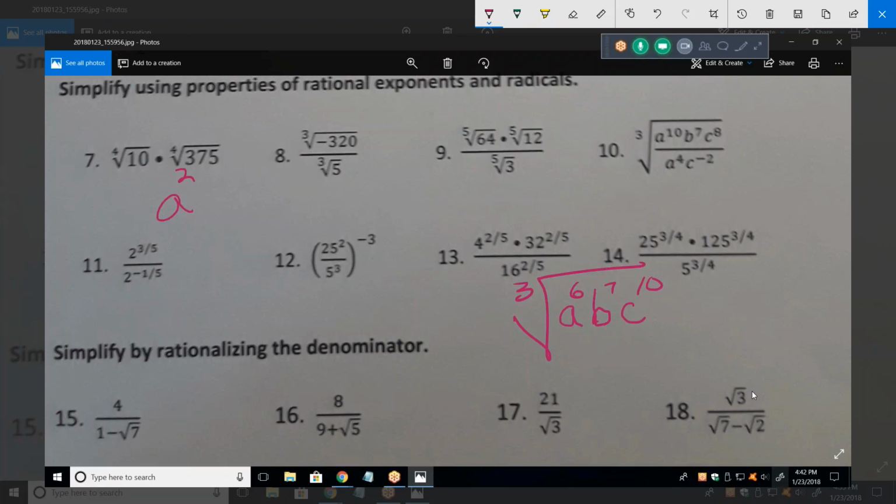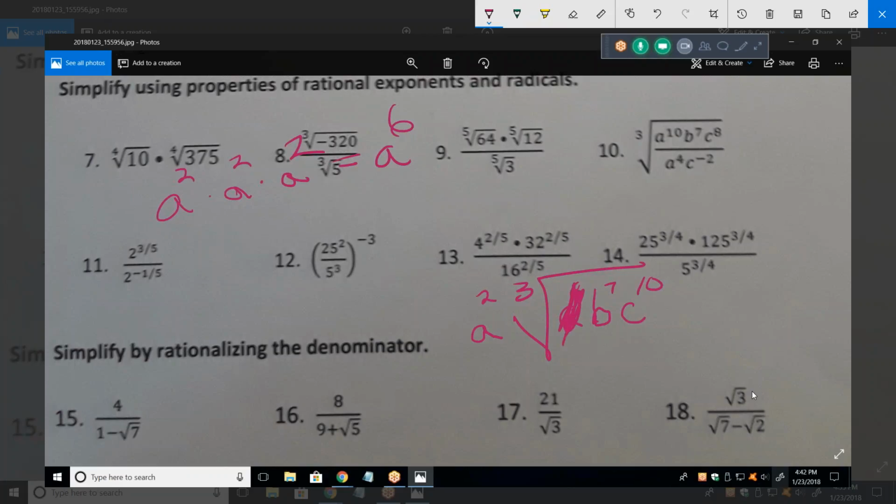Oh. A squared times a squared times a squared equals a to the 6th. So when you're taking roots like this, what you're really doing is dividing with exponents. You're dividing 6 by 3. Okay? So I'm going to take that entire a to the 6th out.